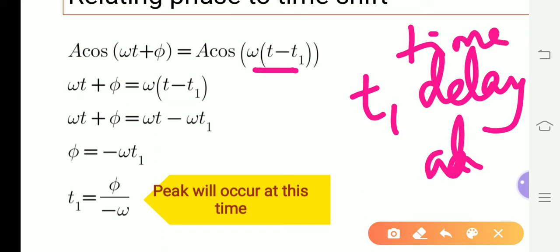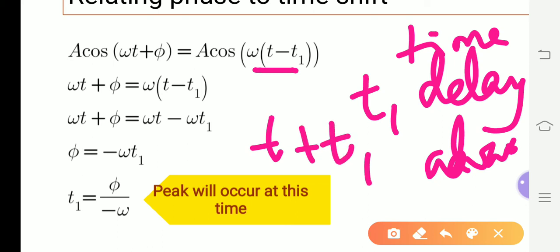Advance means that it's before 0. When we have minus t1, it means this happens after 0 seconds. If we have t plus t1, it means that we are expecting this to happen before 0 seconds.